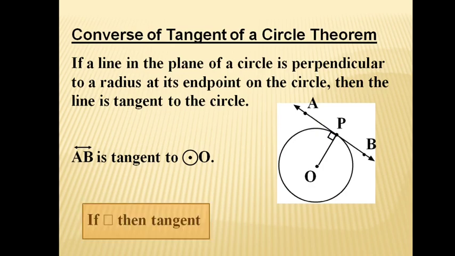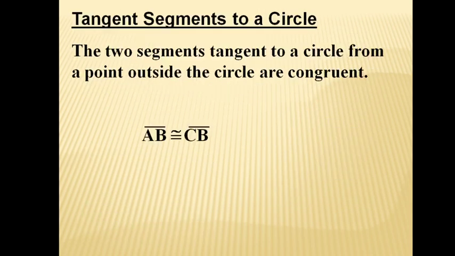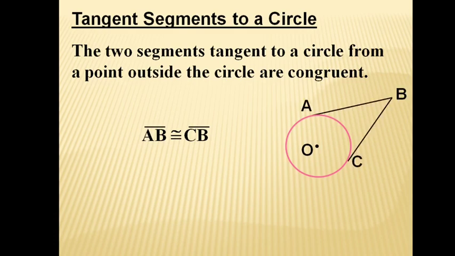Now another theorem, tangent segments to a circle. If we have a circle and two tangents are drawn from an exterior point to the circle, AB and AC.